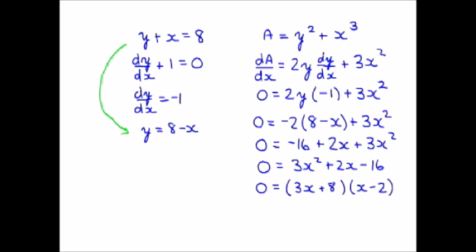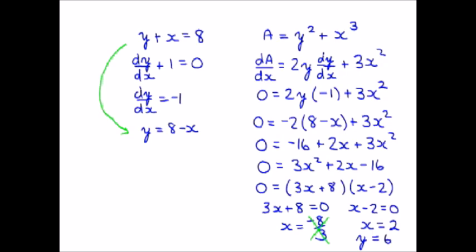And then we can go about solving for x. x is either going to equal negative 8/3, which we ignore because that's not a whole number, or x is equal to 2, which is a whole number. We can go back and solve for the corresponding y, which is 6. So we now know that our first number is 6 and the second number is 2.